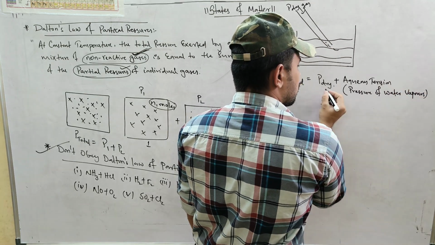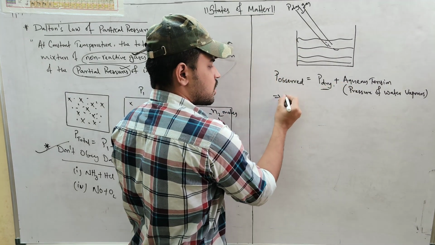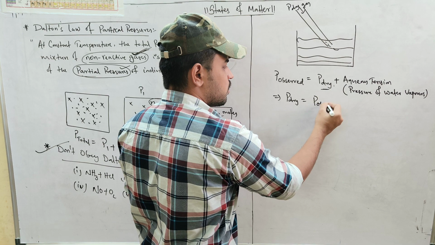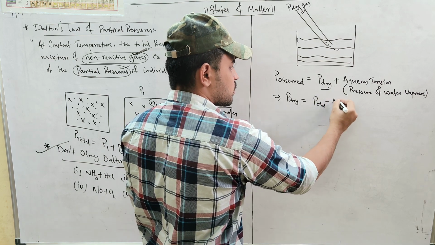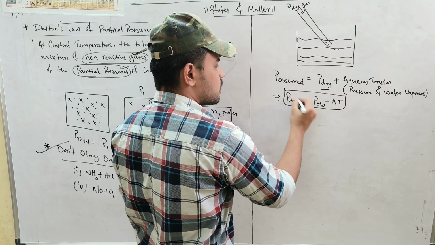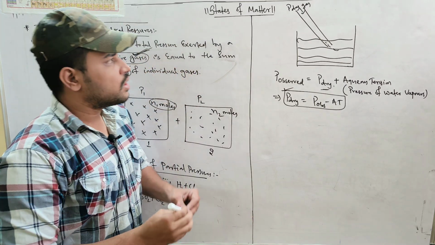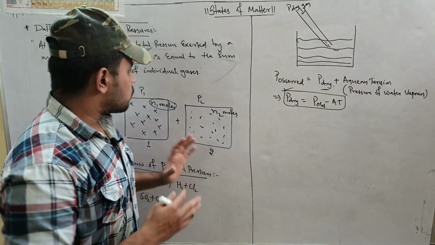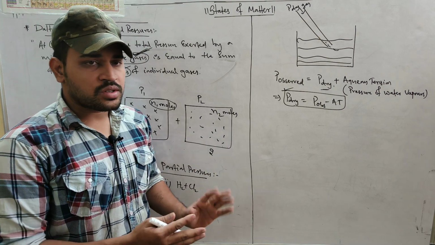How will you get the pressure of dry gas? Pressure of dry gas is equal to pressure observed minus aqueous tension. This is one of the concepts linked with Dalton's law of partial pressures.